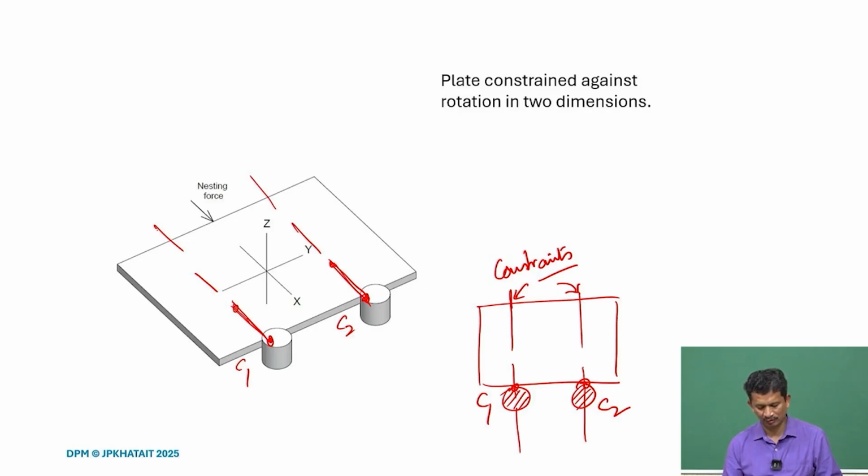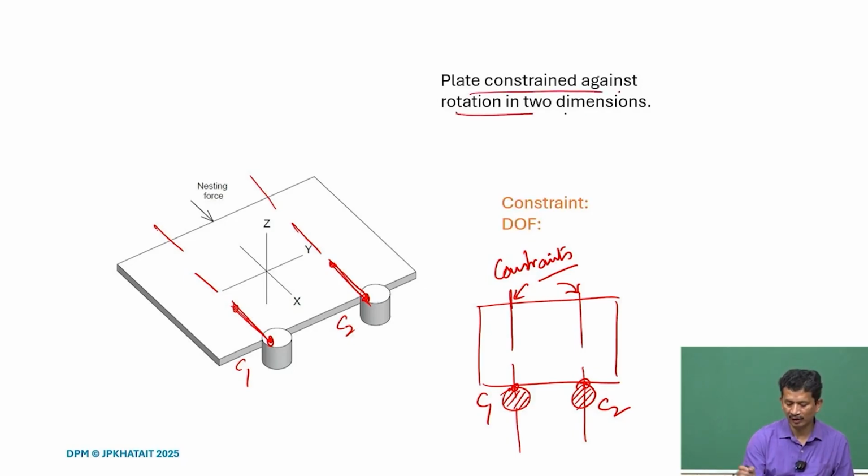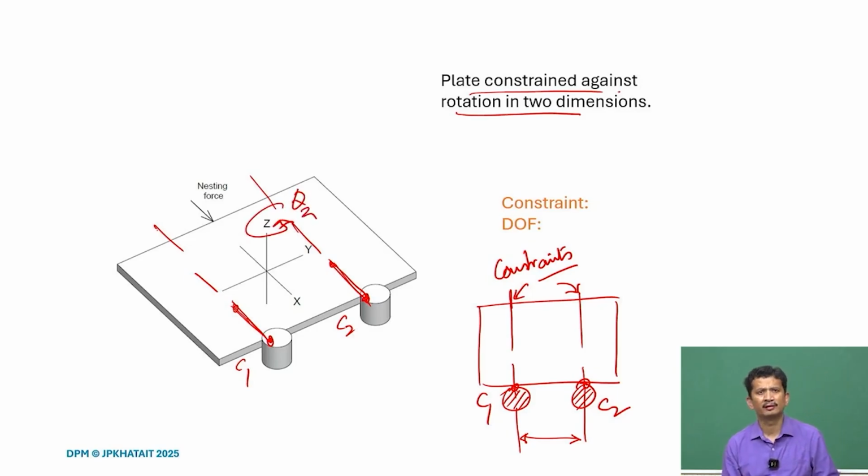There will be two constraints, but both are in x direction. What it says is, if there are 2 constraints which are parallel, and if there is an offset between the 2, then it actually provides the rotational constraint theta z. Because if you try to rotate along z direction, it will.